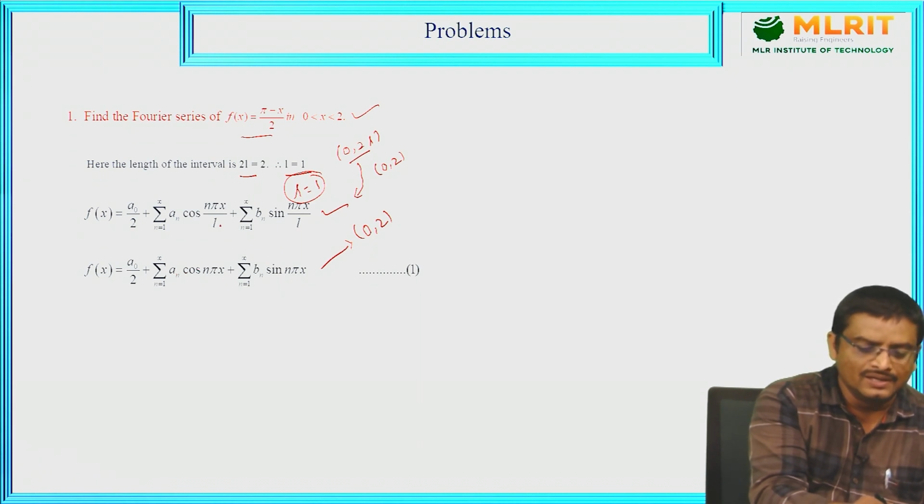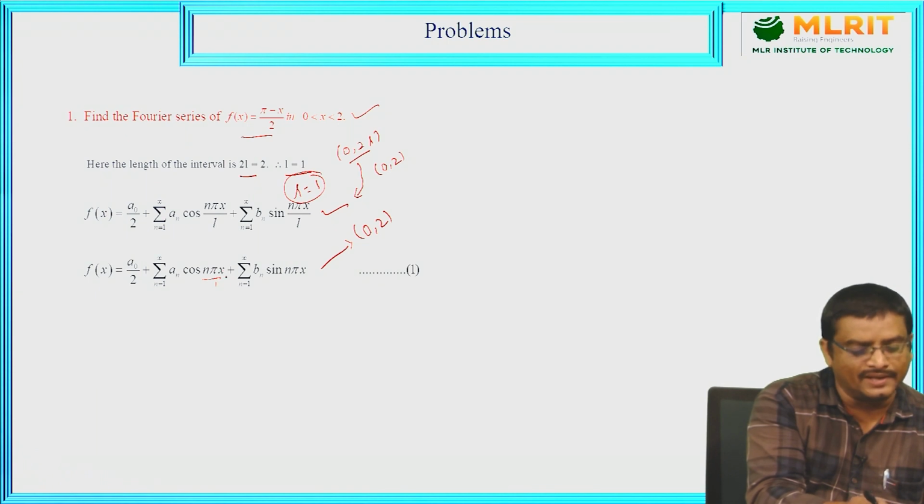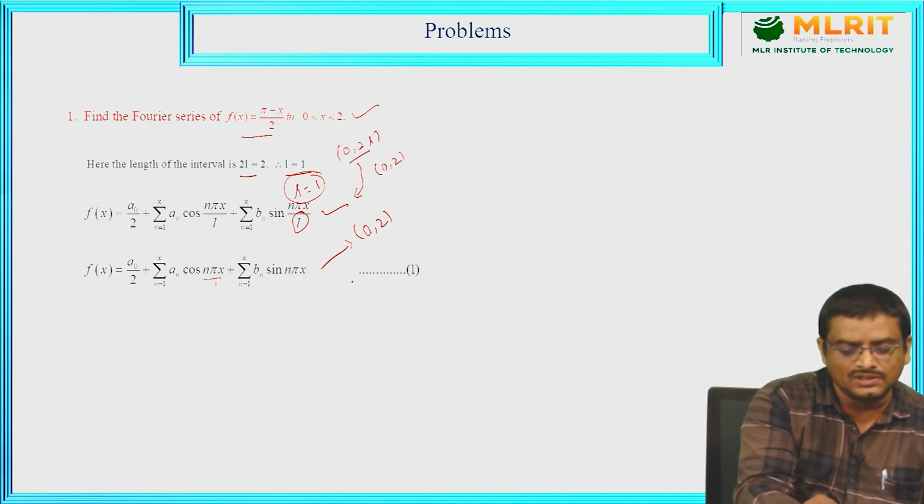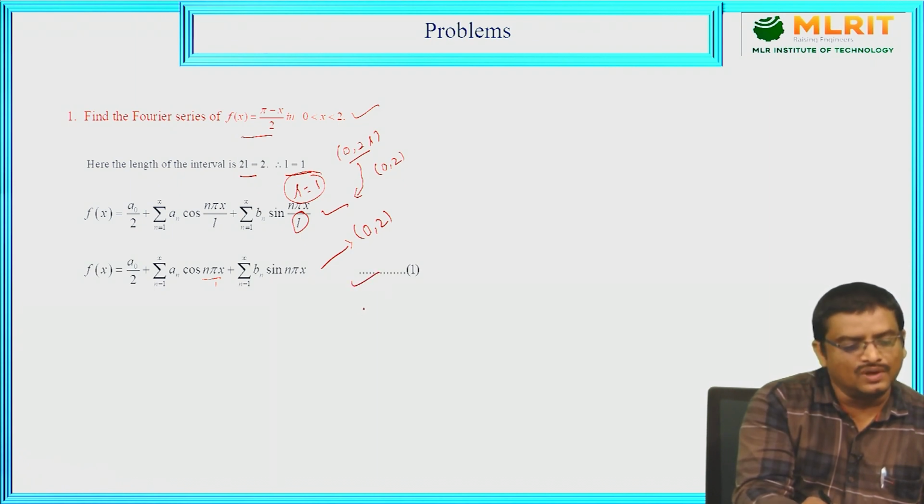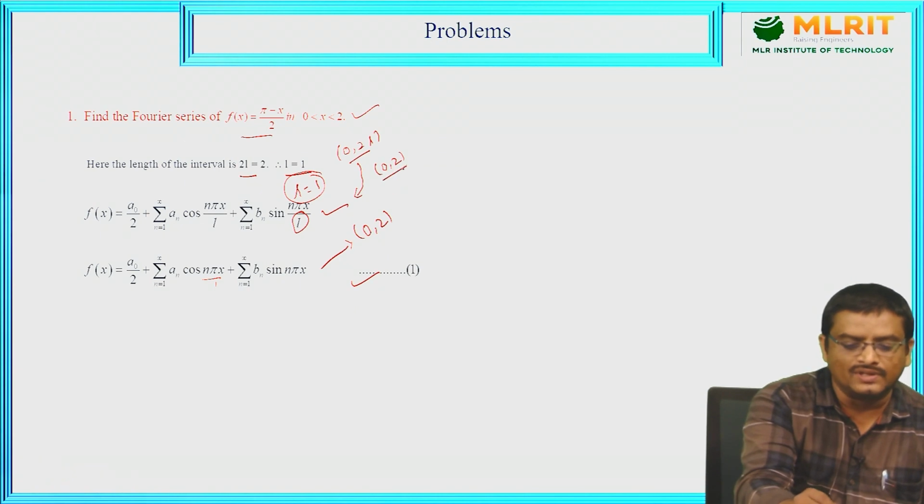In place of l we have replaced 1, that is nothing but n pi x, plus similarly summation n is equal to 1 to infinity bn sin n pi x. So this is the standard formula to find out the Fourier series in the interval 0 comma 2.